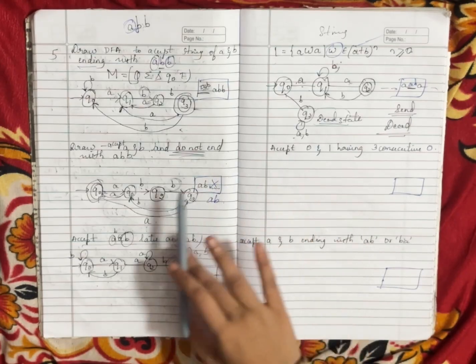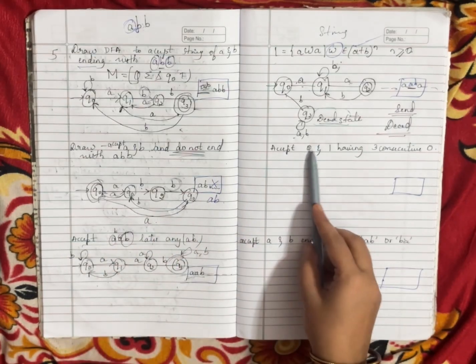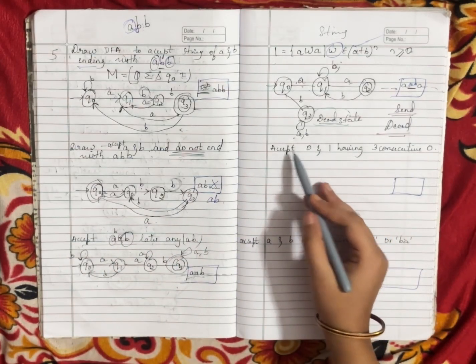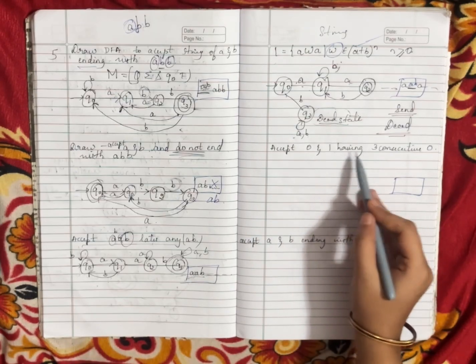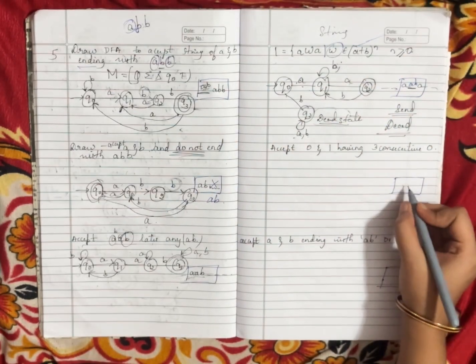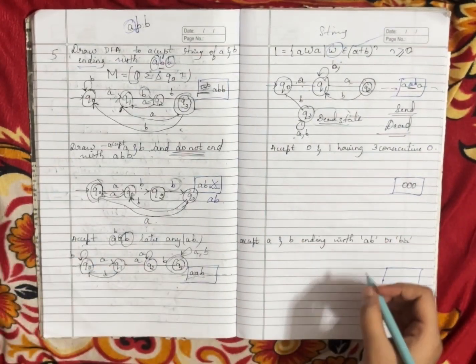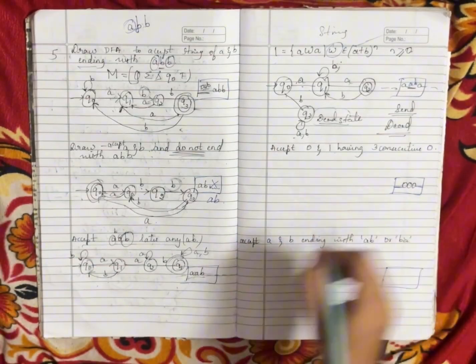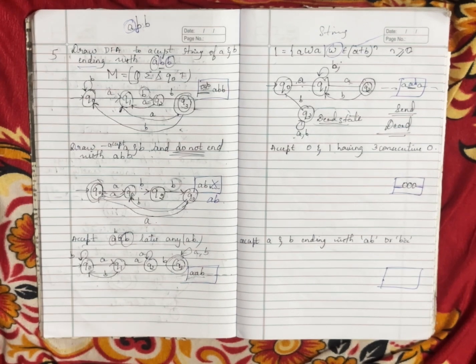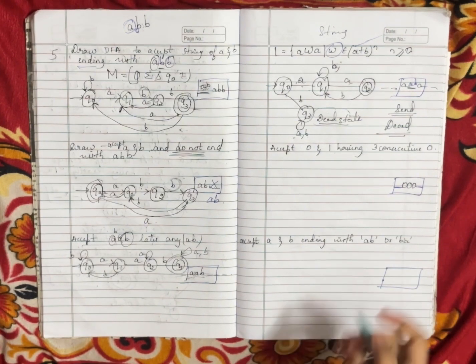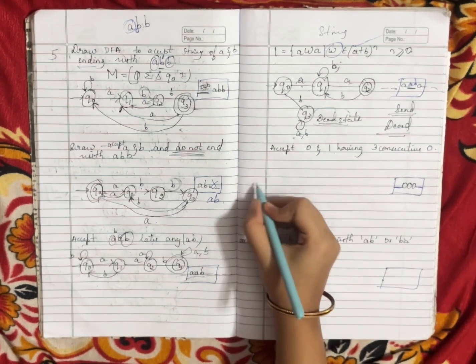Next question, similarly, like how we took A and B, here we have 0 and 1. So it should accept 0 and 1 having 3 consecutive zeros. It means 3 continuous zeros should be there. Starting can be anything, ending can be anything. They did not tell anything about starting or ending. So whatever this condition is, I'll draw now.